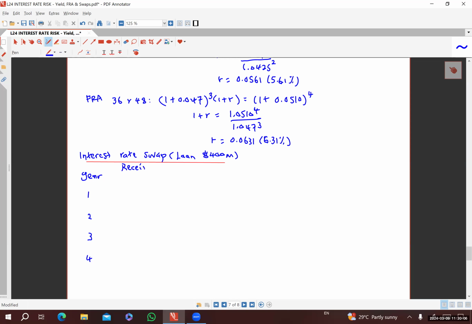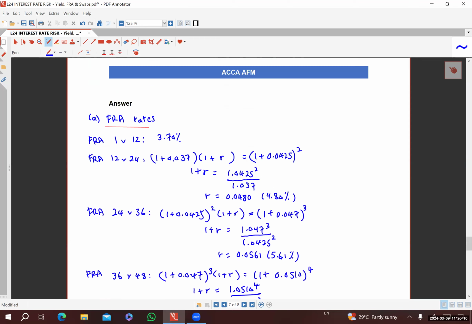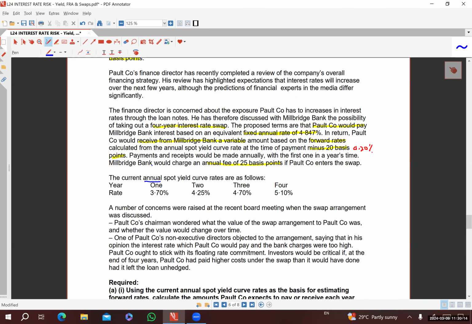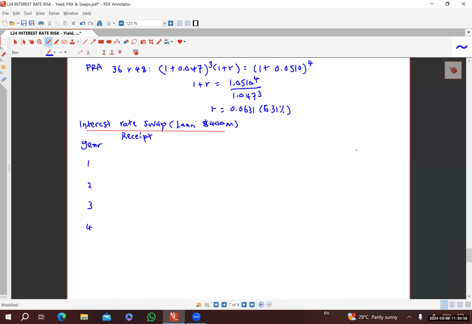What we receive in the swap is based on the forward rate minus 0.2%, that is FRA minus 0.2%.